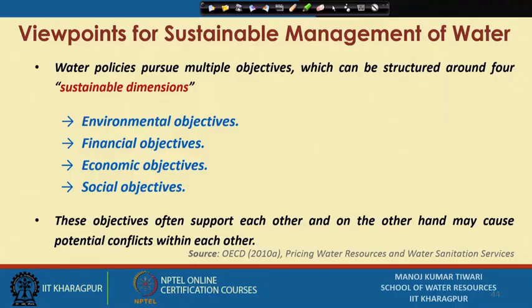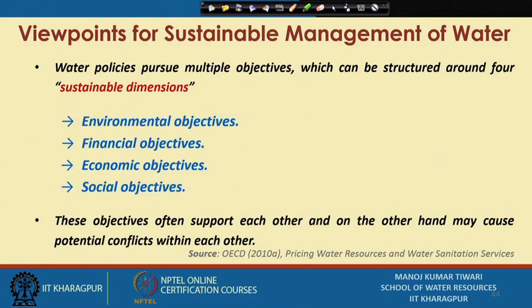Okay, so there will be societal development, there will be financial recovery for allocating water to the industries. Okay, so that is setting up your economic objective as well as social objective. Okay, then there are domestic water supply systems or municipal water supply systems, you can allocate a certain amount for that. So that is another fulfillment of your basic social objectives.